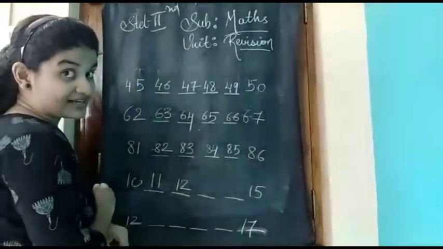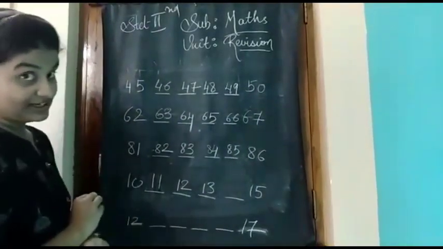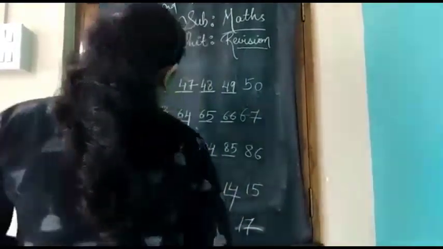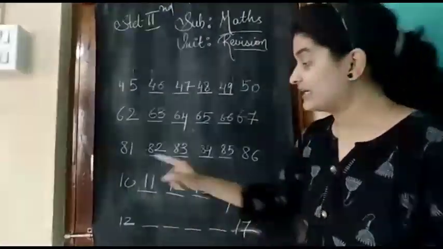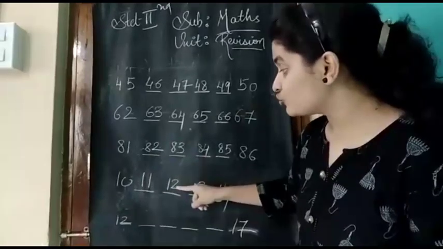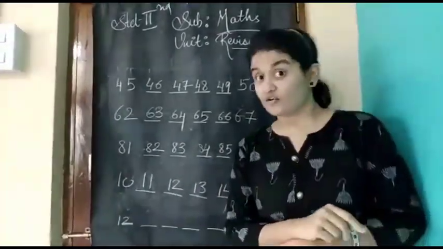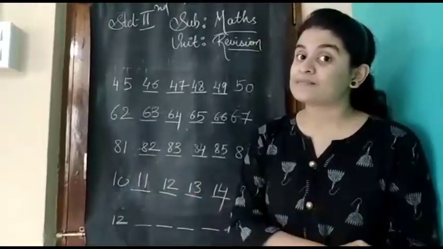After 12, 13. And after 13 comes 14. Understood? So now let us read this chain. 10, 11, 12, 13, 14 and 15.